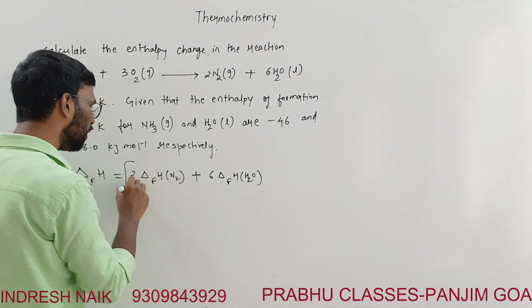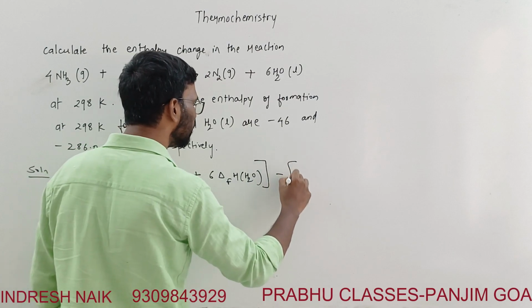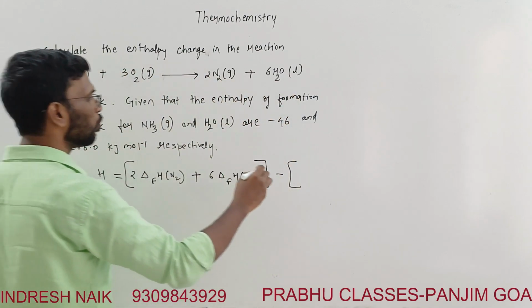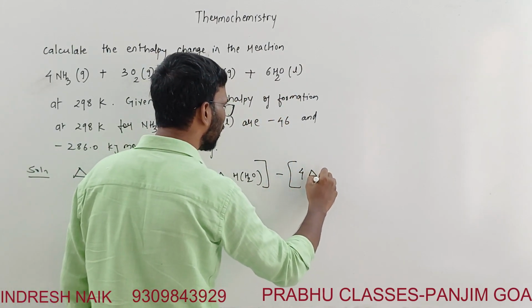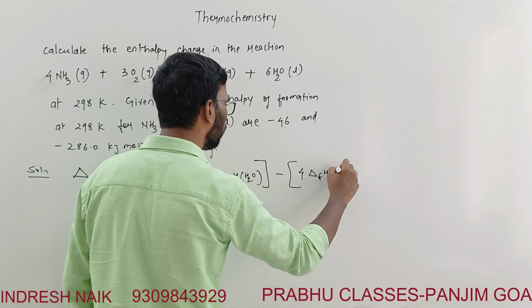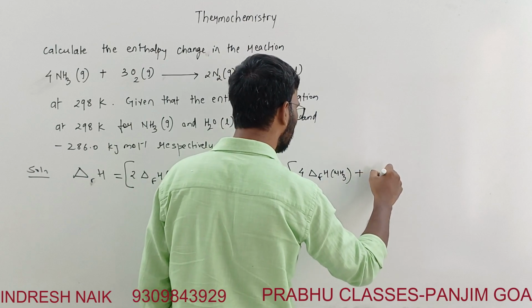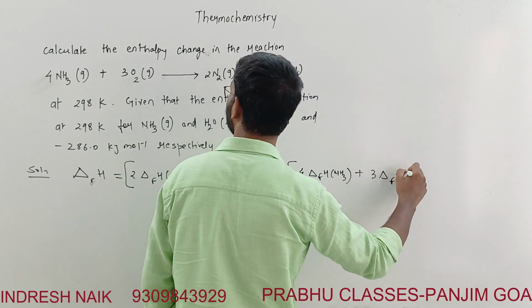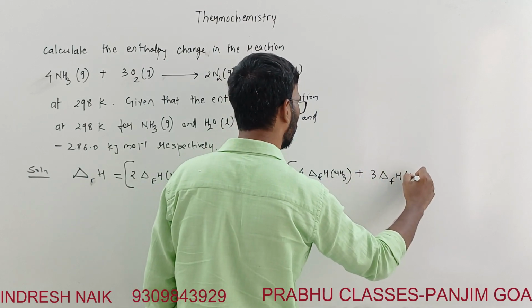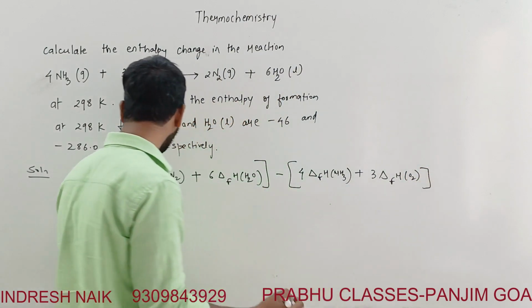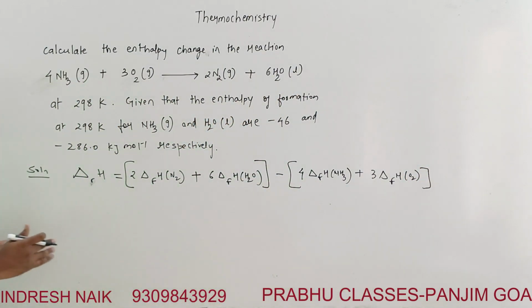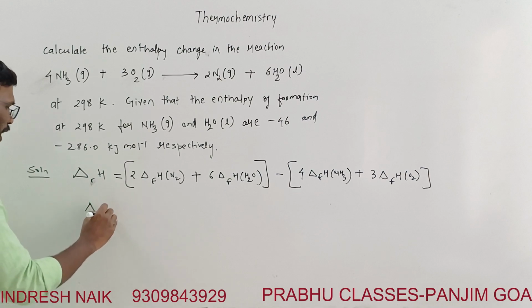Minus, product minus reactant, 4 into enthalpy of formation of NH3 plus 3 into enthalpy of formation of O2. From this I am finding the enthalpy of the reaction.